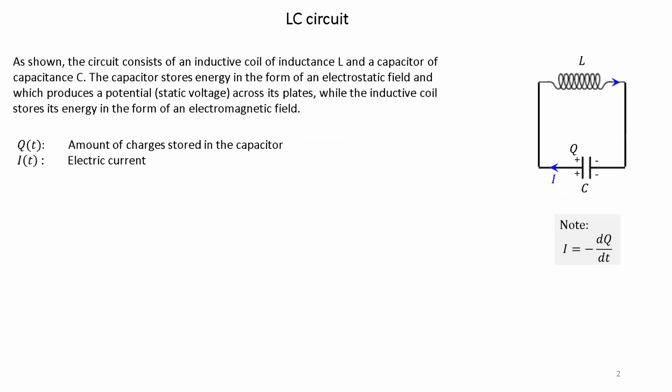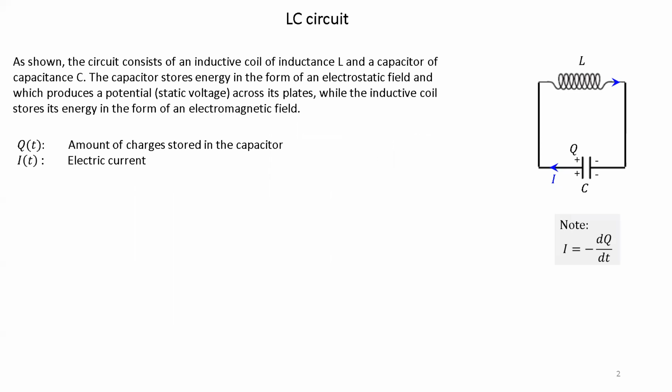So the first example that I'm going to show you actually is not really a mechanical system. Well, this is a mechanics course, but here I want to show you that we have the oscillator behavior in circuits.